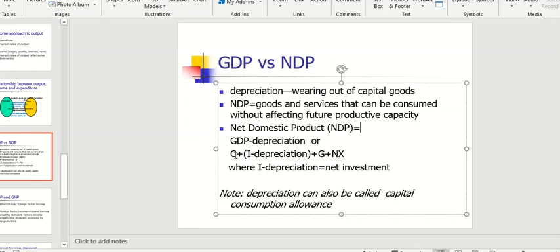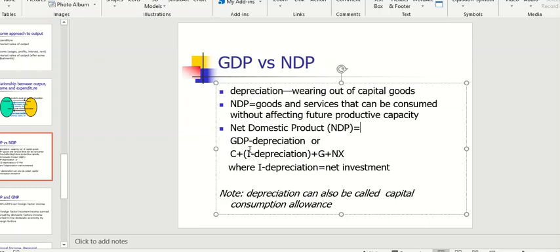Another way to get net domestic product, depending on the data that you are given, is that we can sum up consumption and investment and government spending and net export, so that would give us the GDP. And then we take away depreciation from the investment.